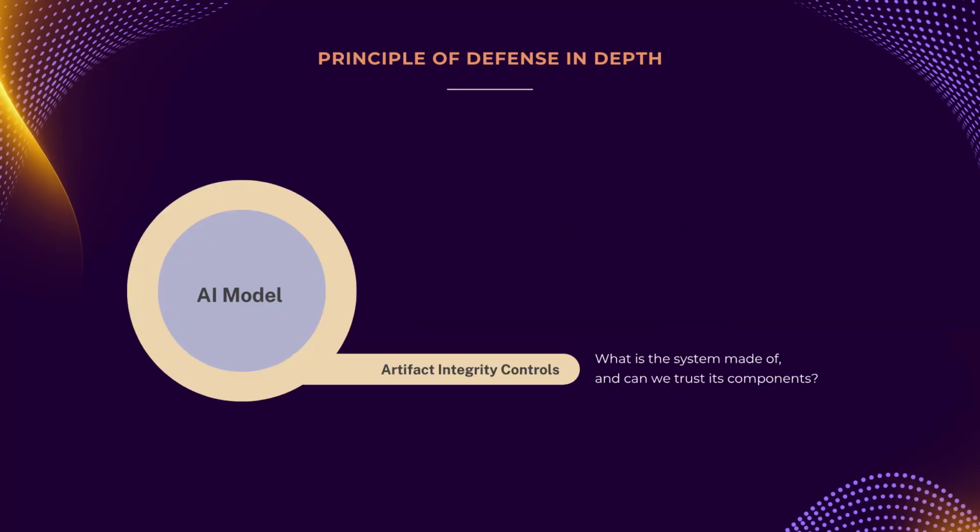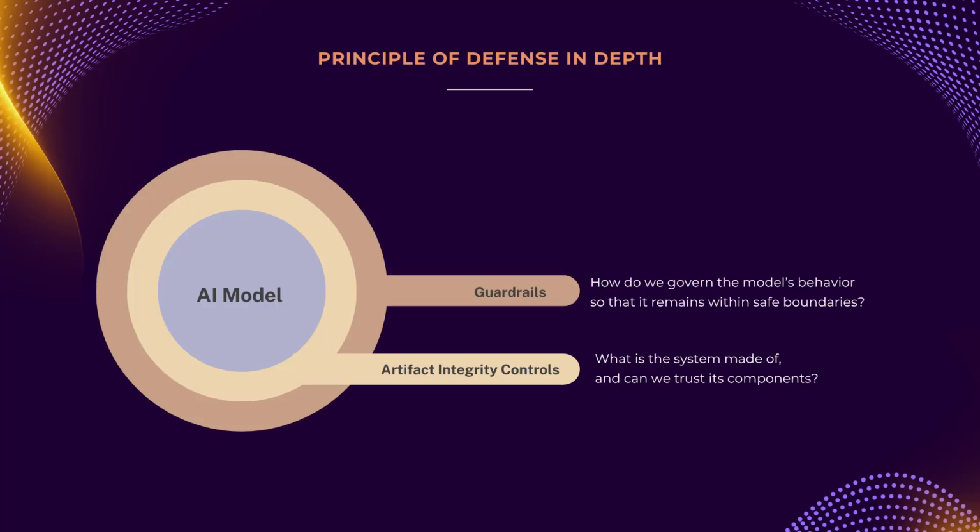The foundational first layer is artifact integrity controls. Here we answer, what is our system made of, and can we trust these components? We'll talk about the authenticity and provenance of our building blocks, code, data, and models. The second layer is GenAI-specific controls. We answer, how do we govern the model's behavior so that it stays within safe bounds?